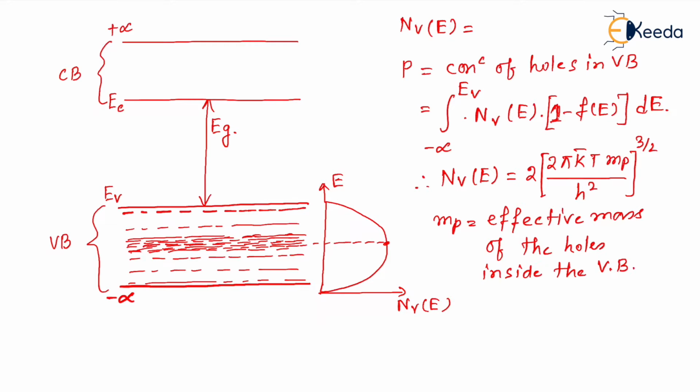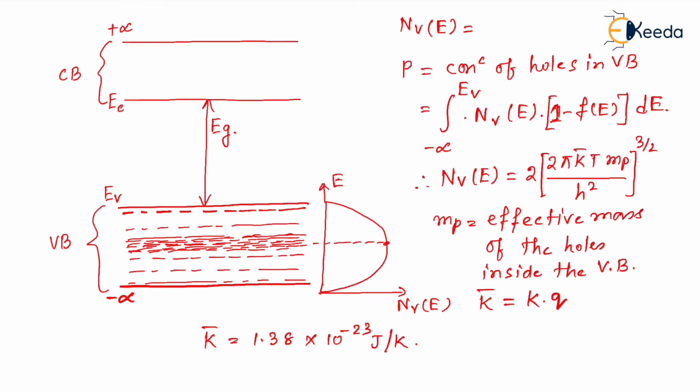And this k bar is equal to k into q, where k is the Boltzmann constant, and the k bar value is given by 1.38 into 10 to the power minus 23 joule per Kelvin.